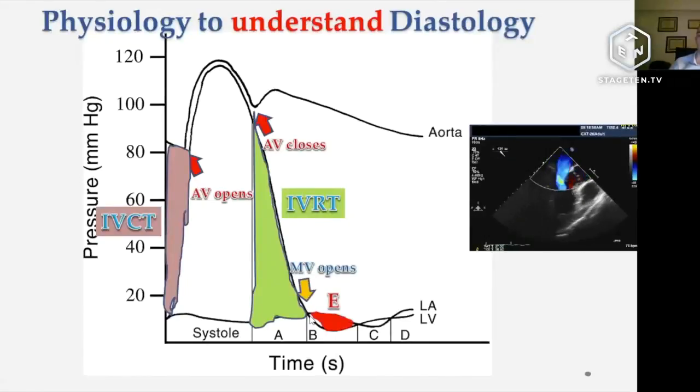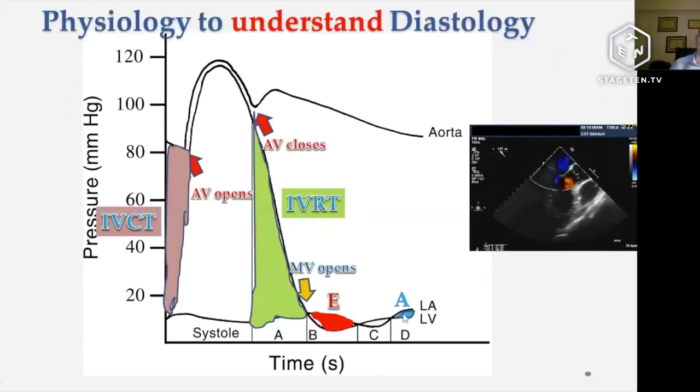In normal conditions this is dominant compared to the atrial filling, which happens when the atrium contracts. But before that, you can see that the filling of the left ventricle brings the pressure higher than in the left atrium, and therefore the mitral valve tends to close.